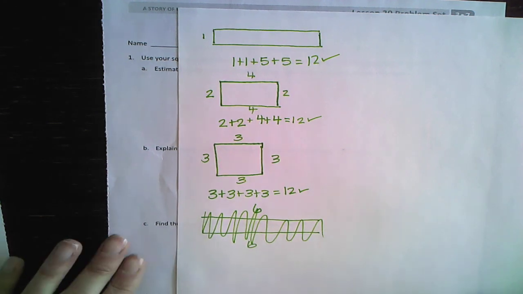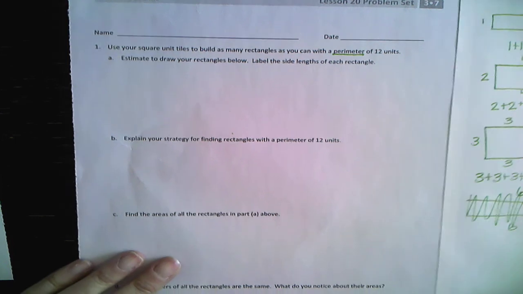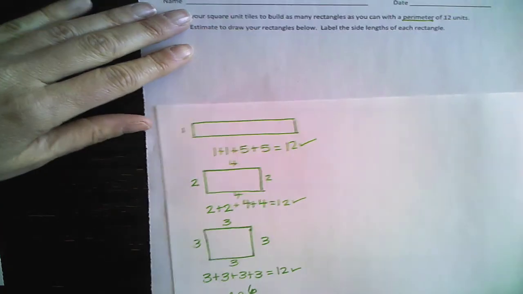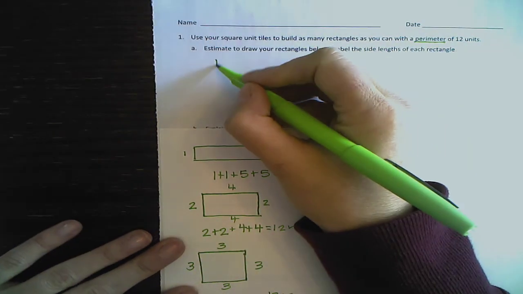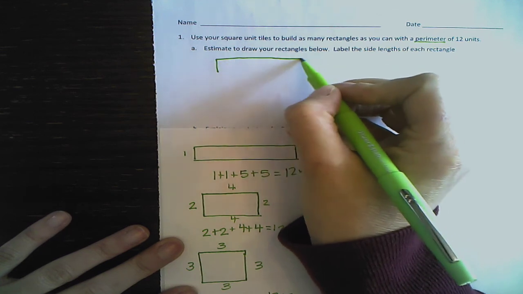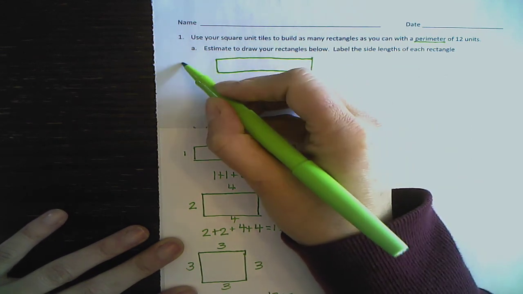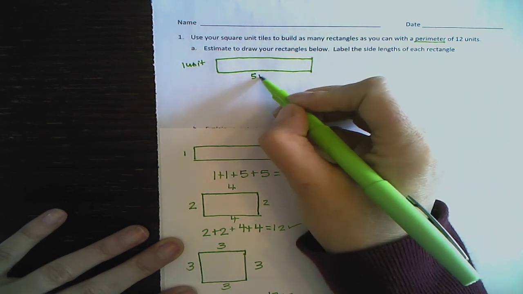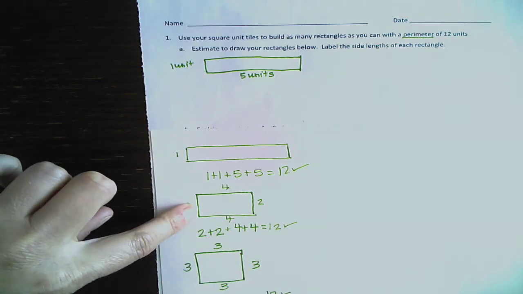So let us estimate to draw our rectangles below and label the side lengths. So here, let me put this down here so we can kind of see both at the same time. So first I'm going to do this long one. So over here I have 1 unit. Down here I have 5 units. There's that one. How about this one?